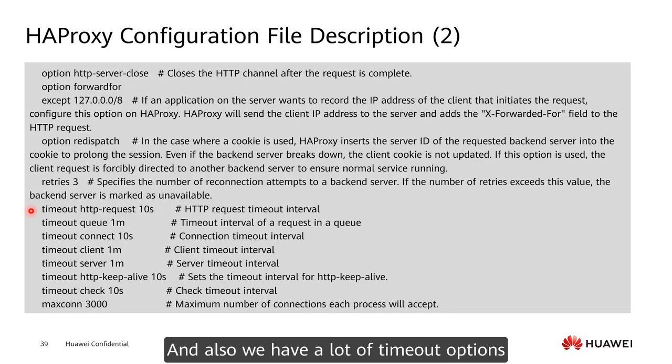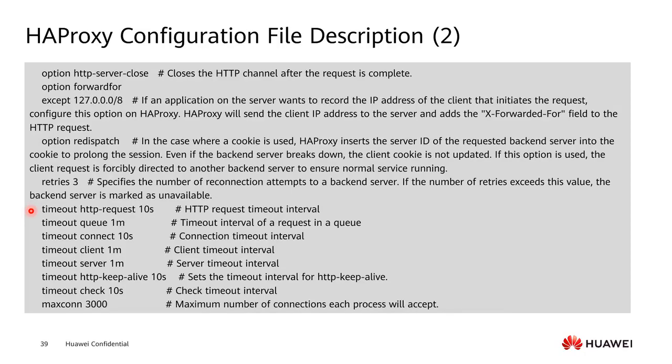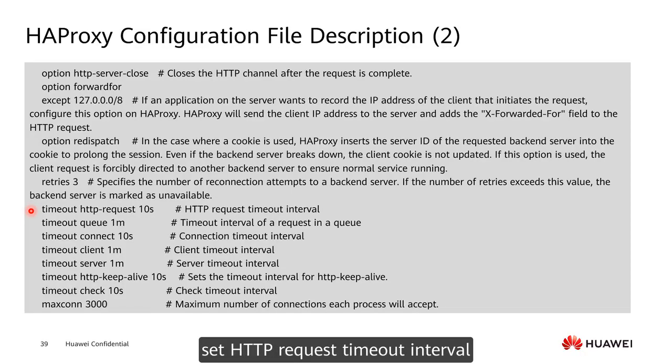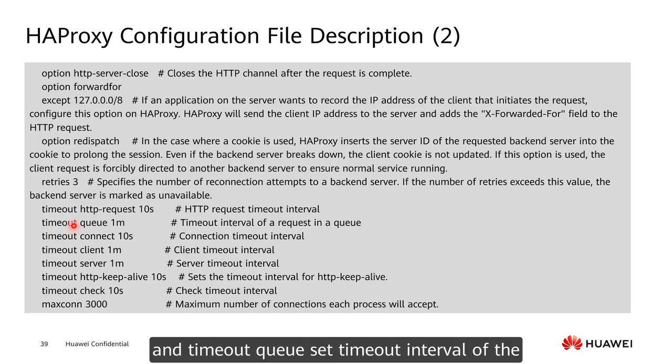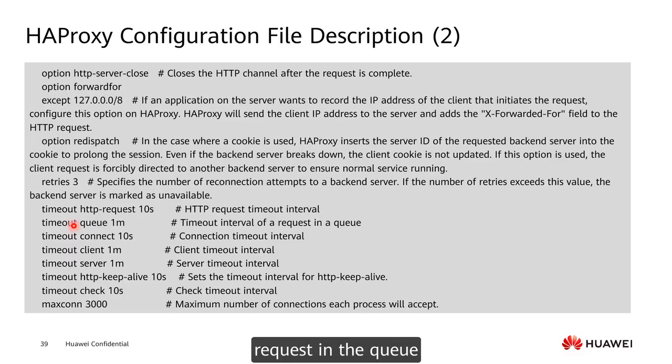And also we have a lot of timeout options. Timeout http-request sets the HTTP request timeout interval. And timeout queue sets the timeout interval of the request in the queue. Timeout connect sets the connection timeout interval.